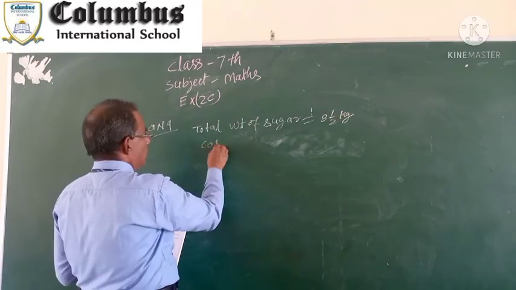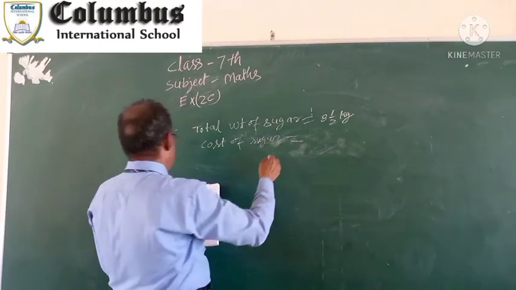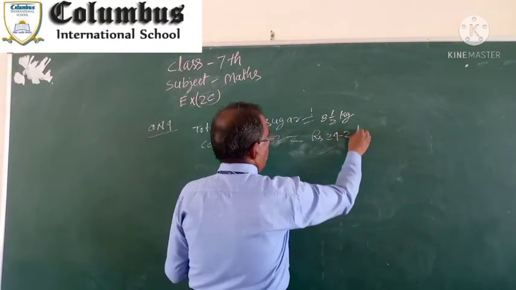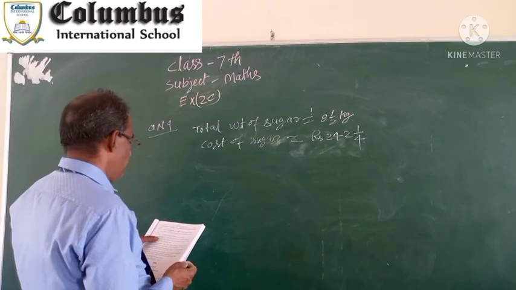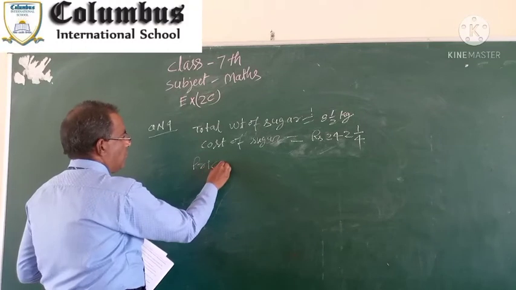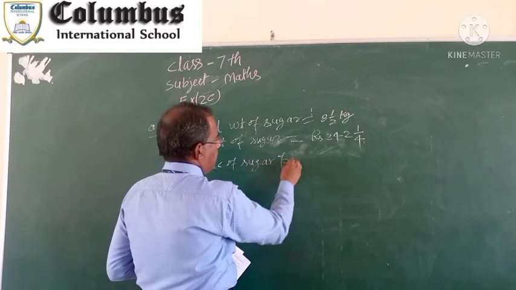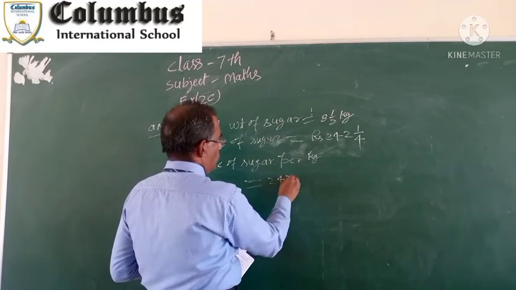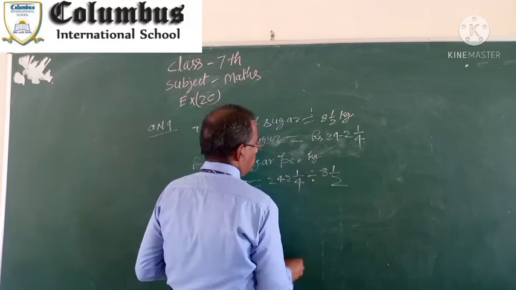Cost of sugar equal to rupees 242 and 1/4. Therefore, price of sugar per kg equal to 242 and 1/4 divided by 8 and 1/2.